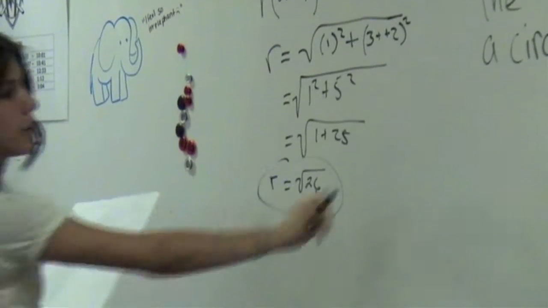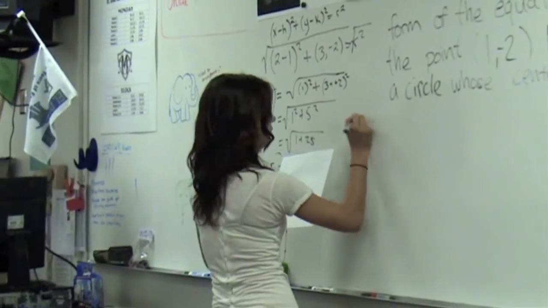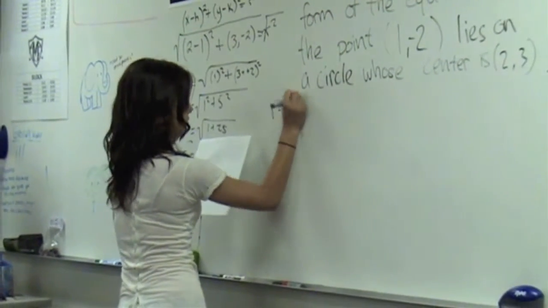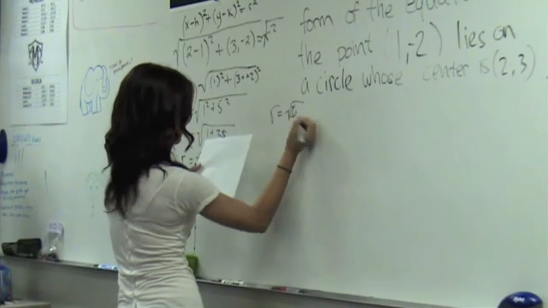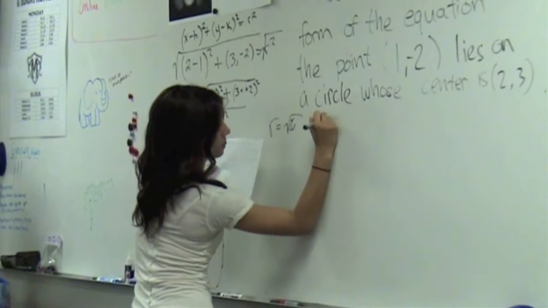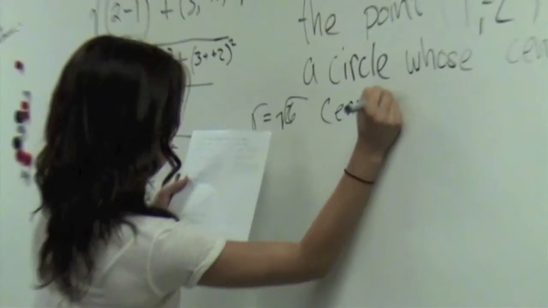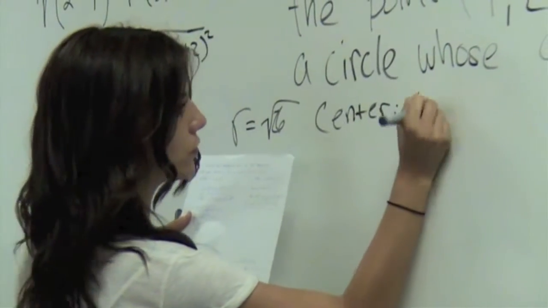Now you found the r and you have the center, so the radius is square root of 26, sorry. And then the center is 2, 3.